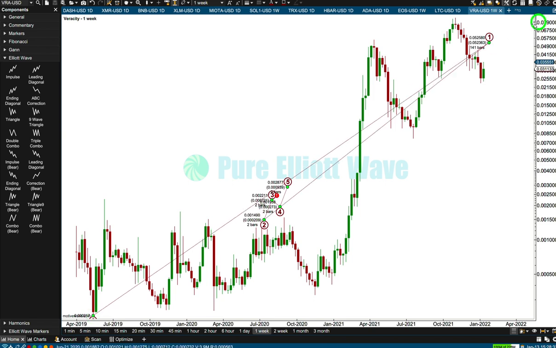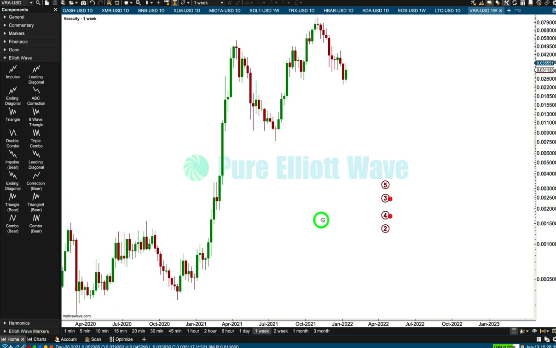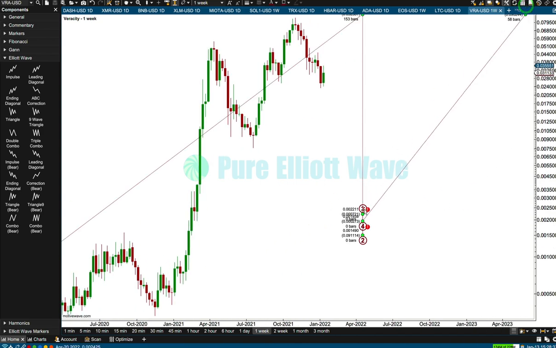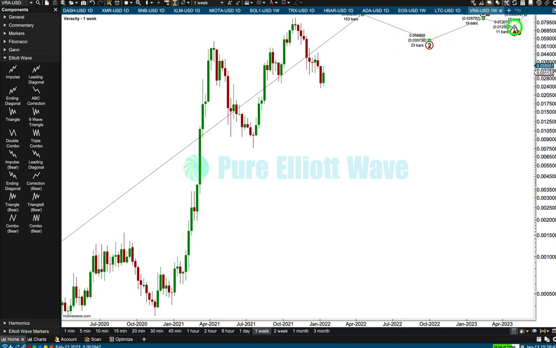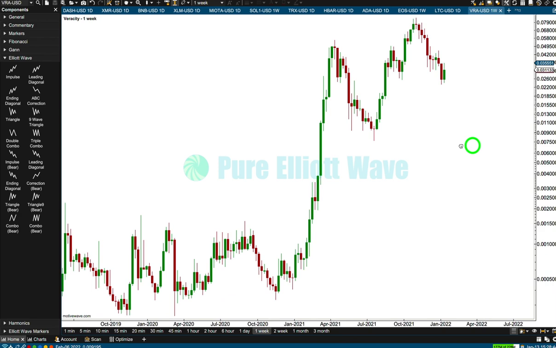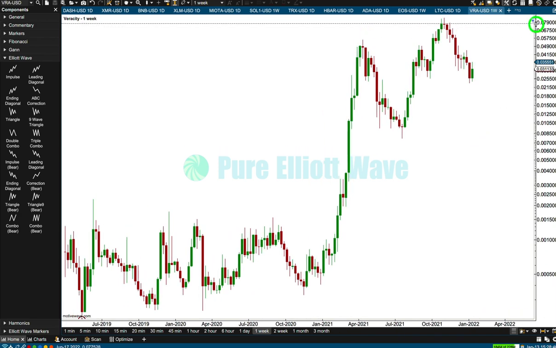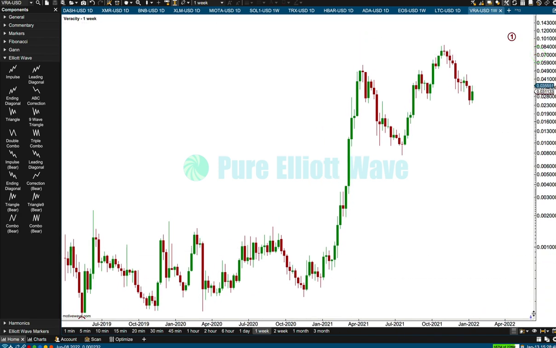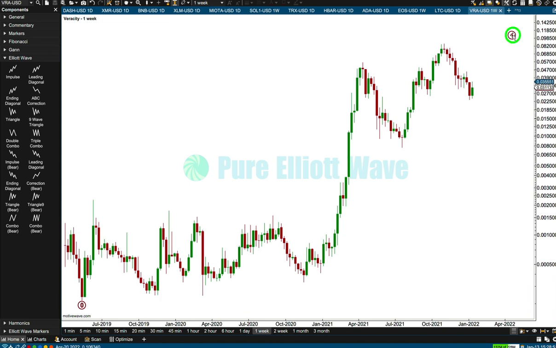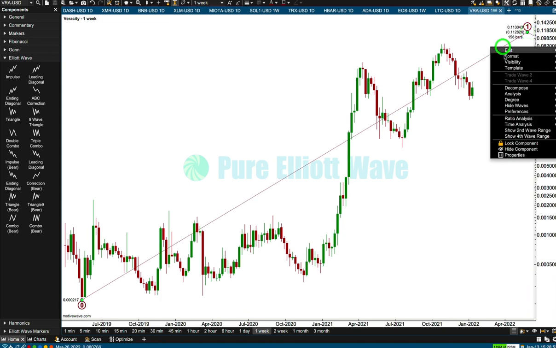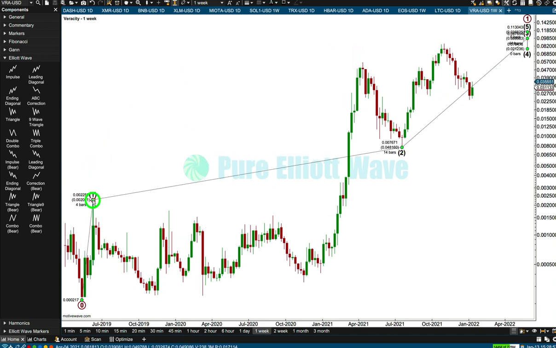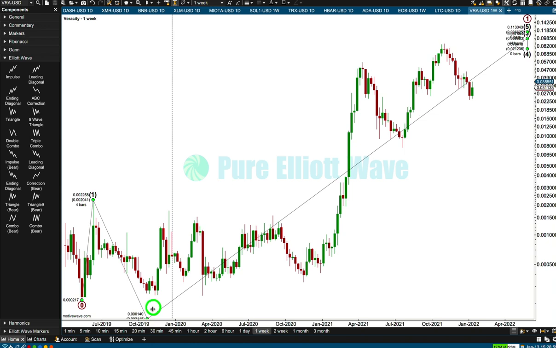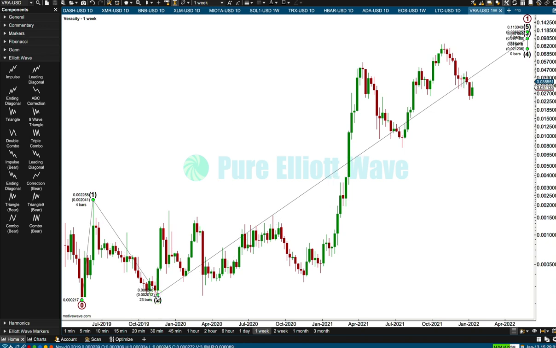I think actually, let's get all of this up here. I think that a first wave might be incomplete actually. I put this here, but that looks a bit like a 3, so I want to check that on a lower time frame.